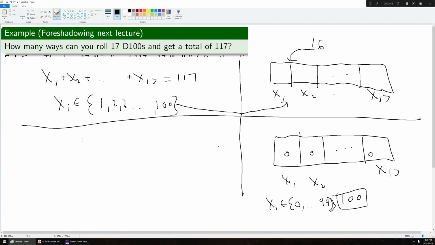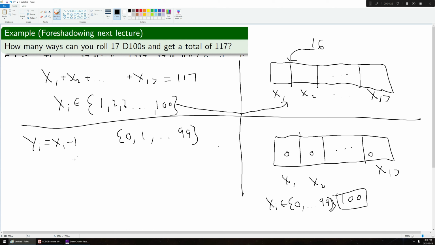Over here, the equivalent way of doing it is to say I know how to solve it if this set, instead of being 1 to 100, started at 0. So how do I go from 1 to 0? I can say yi is xi minus 1. If I subtract 1 from 1, I get 0, 1 from 2, I get 1, all the way up to my new upper bound of 99.